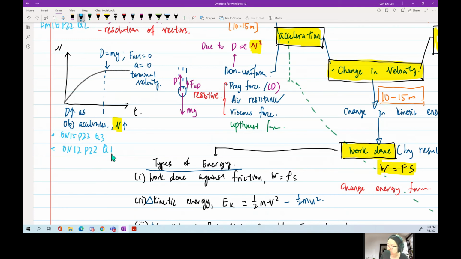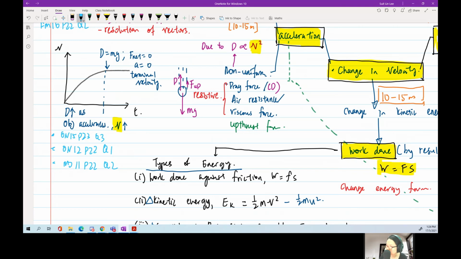ON22 paper 22 question 1 and May June 11 paper 22 question 2. I think this should be good enough.